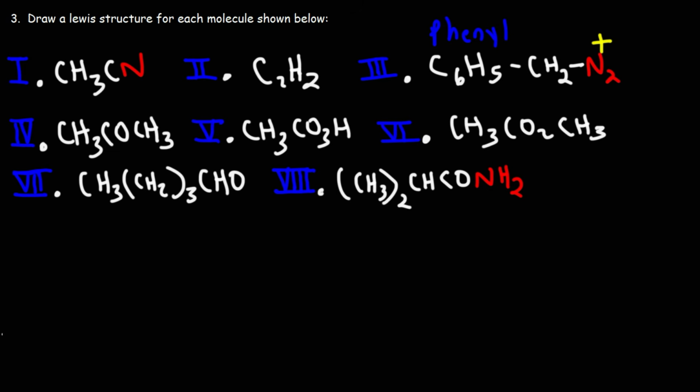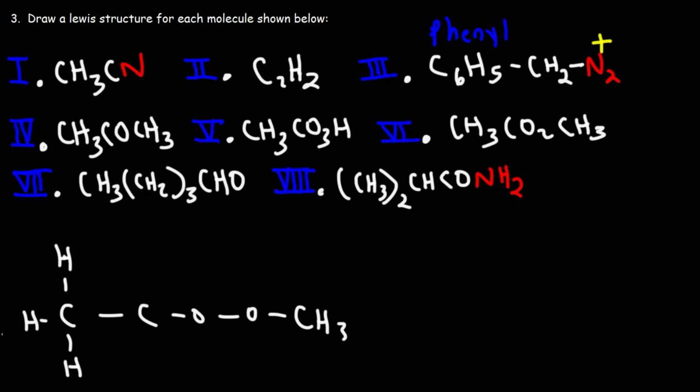For number 6, we have a CH3 attached to a CO2, so we have a carbon. Now how should we arrange the 2 oxygen atoms? We can't do it this way because carbon will only have 2 bonds, and we have to put the CH3 here.